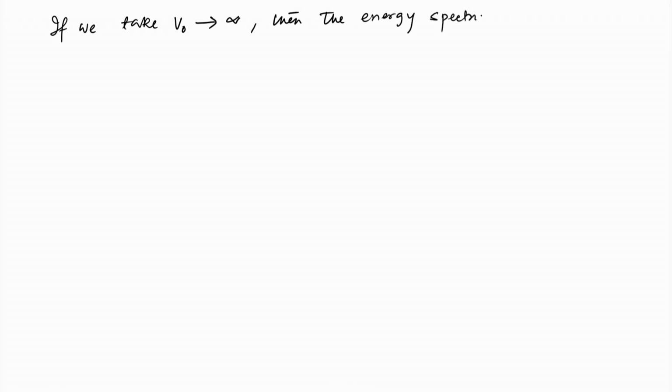For example, if we take the limit V_0 going to infinity, then of course, the energy spectrum is the free particle energy spectrum, which is given by E_n equal to h cross square pi square n square by 2 m r square, where r is the radius of the dot.